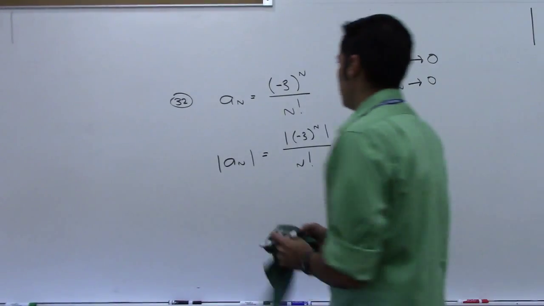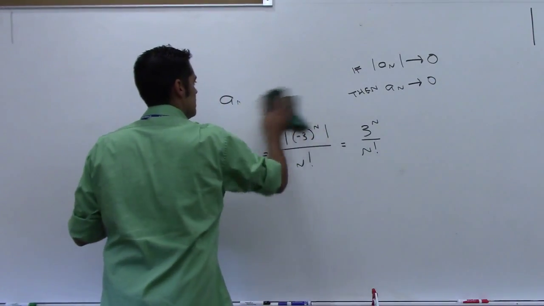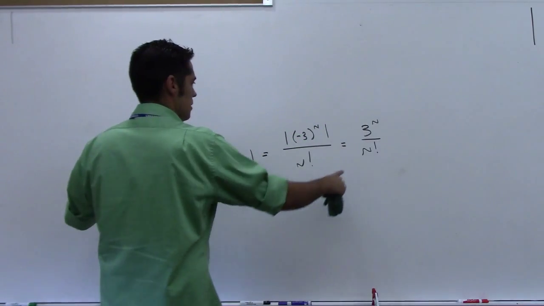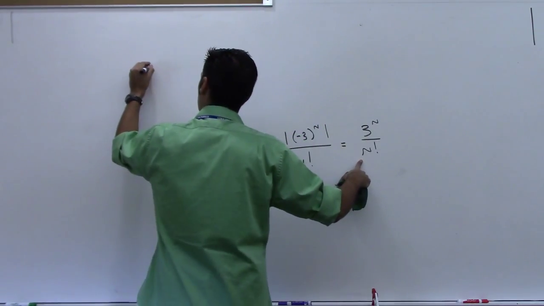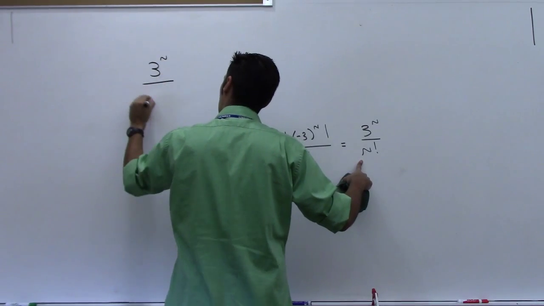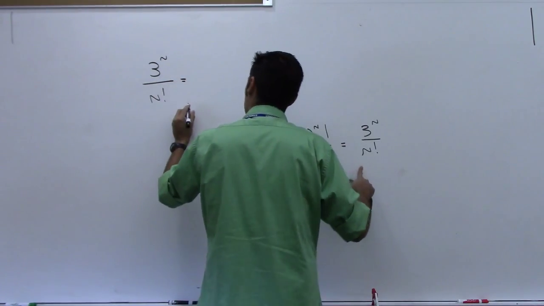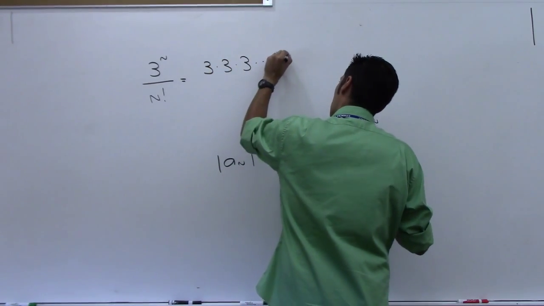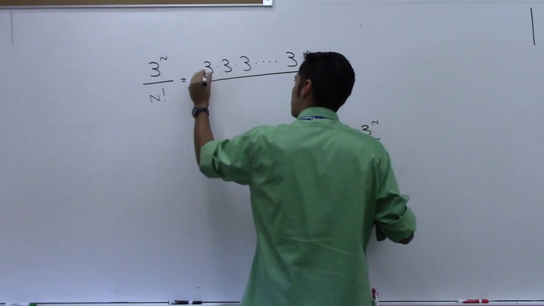Let me see if I can convince you of this. This is not a very natural thing. Let me just write out what this is first. 3 to the n over n factorial is equal to 3 times 3 times 3 all the way out, and then eventually I stop.